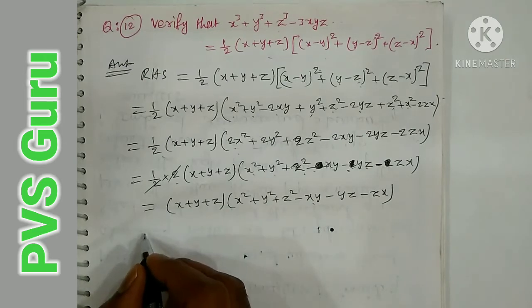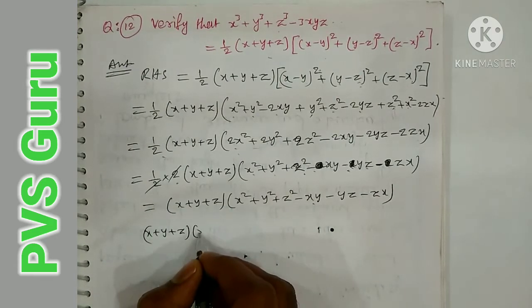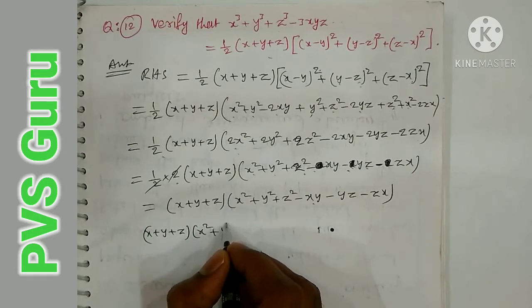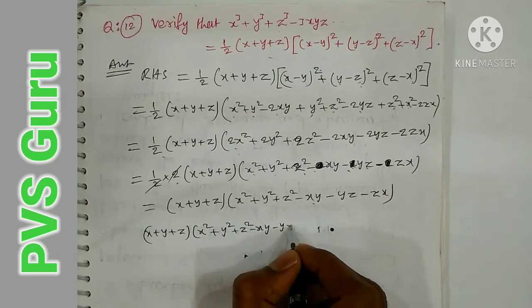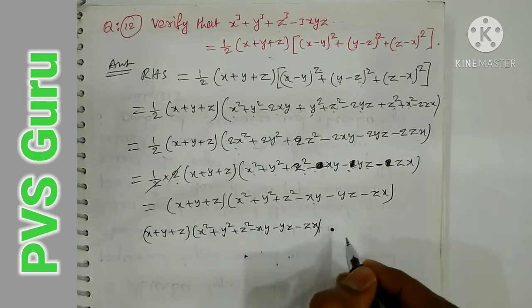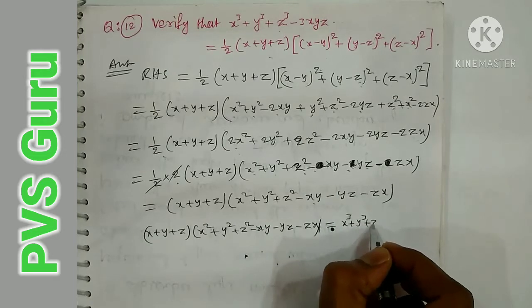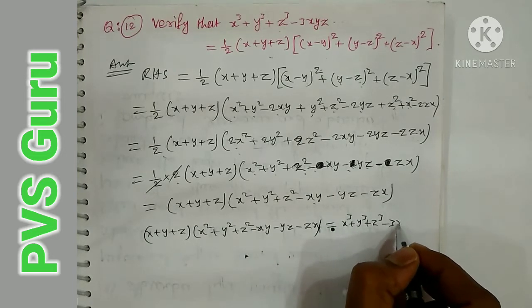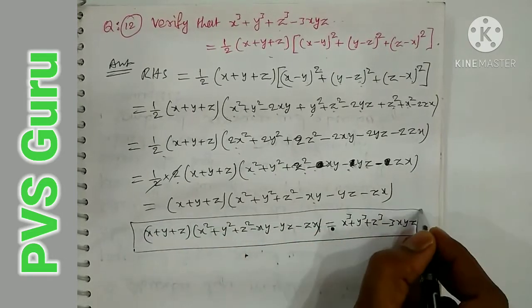As per identity 8, x plus y plus z into x square plus y square plus z square minus xy minus yz minus zx is equal to x cube plus y cube plus z cube minus 3xyz. This is identity 8.